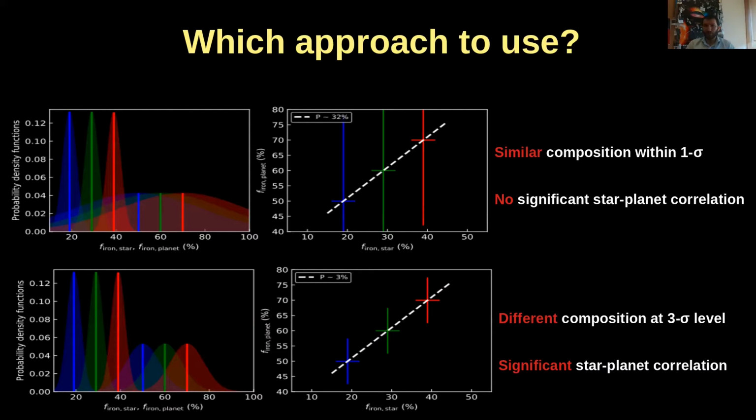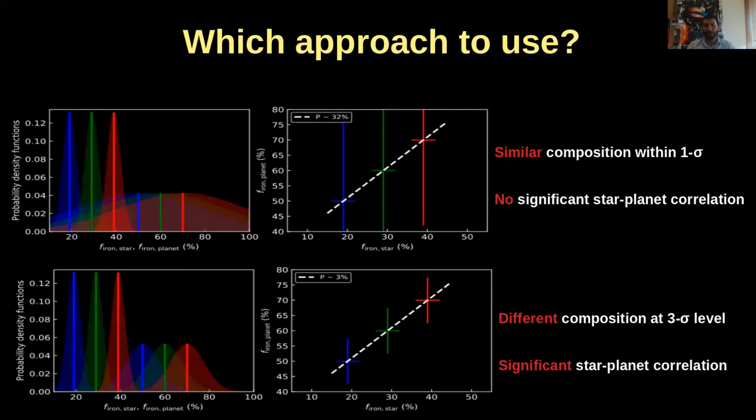So what we would conclude, looking at the top left figure, is that the planets and their host stars have similar composition within 1 sigma. However, if we try to make a linear regression, this is a very simple case, we have, let's say, 3 points, we will say that indeed there is correlation, but this correlation is not significant. There is a 32% probability that this correlation comes by chance because of the large error bars.